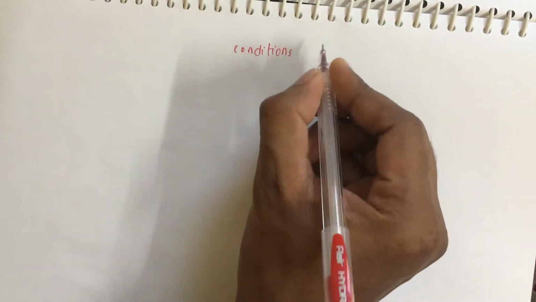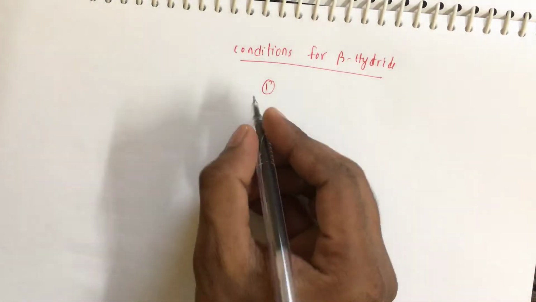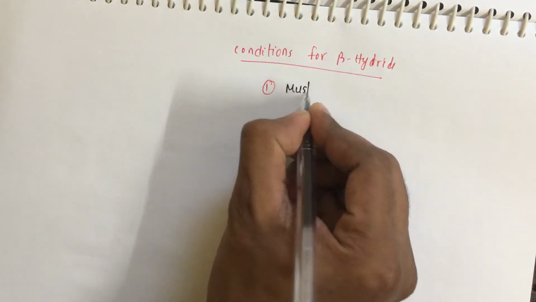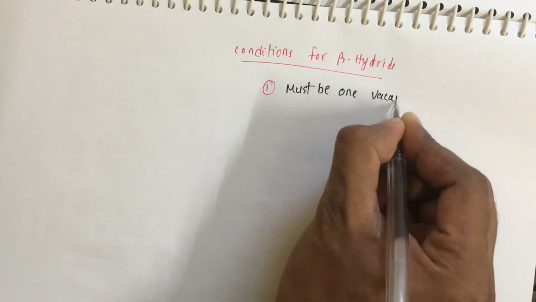Conditions for beta-hydride elimination. So the first one is there must be one vacant site on the metal.